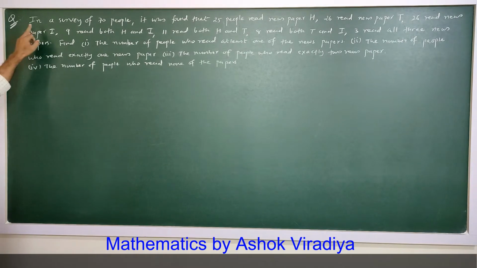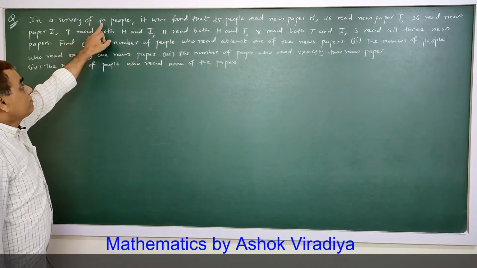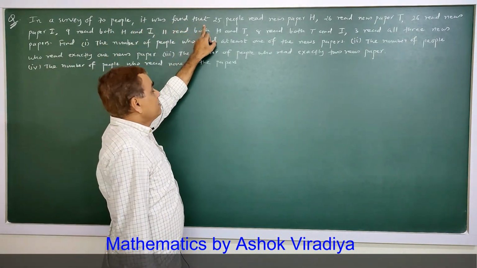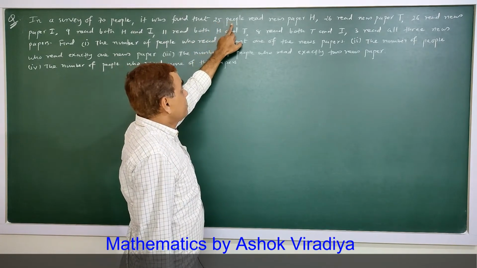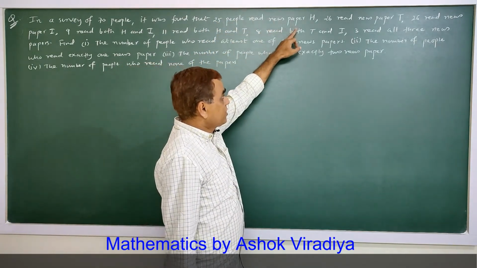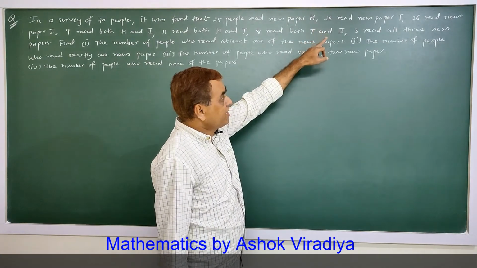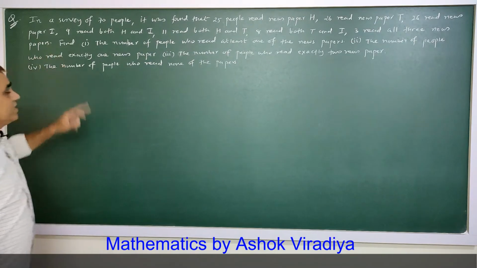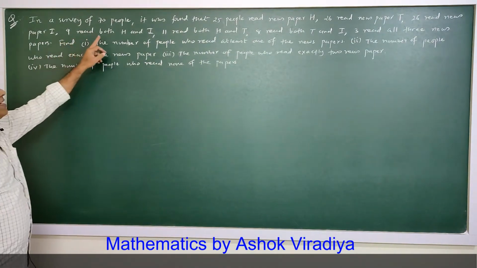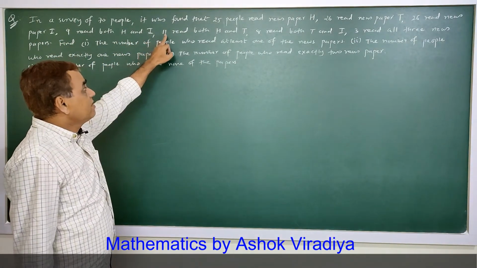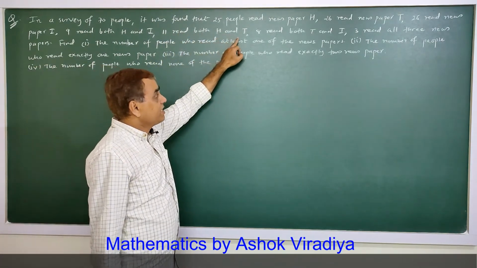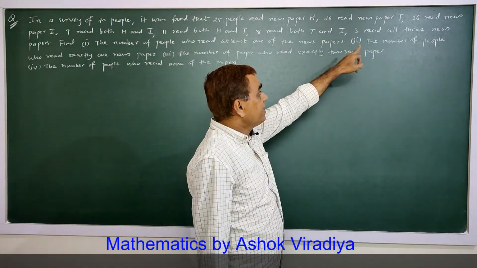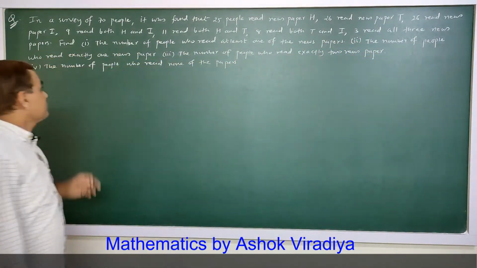So here a question is, in a survey of 70 people, it was found that 25 people read newspaper H, 26 read newspaper T, 26 read newspaper I, 9 read both H and I, 11 read both H and T, 8 read both T and I, 3 read all 3 newspapers.